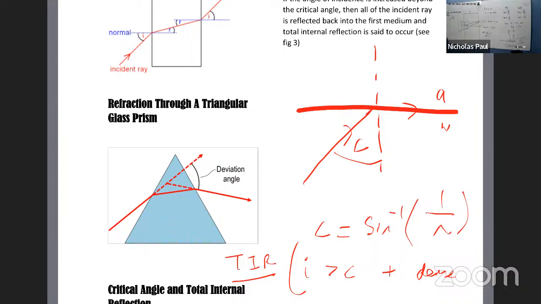So just some small things to remember. You have to remember those three things. In order for total internal reflection to occur, what must happen again? The angle of incidence must be more than the critical angle, and the ray must be in the denser medium.